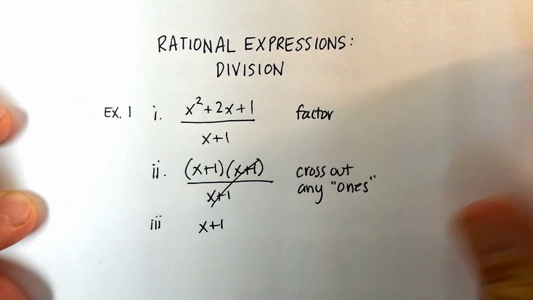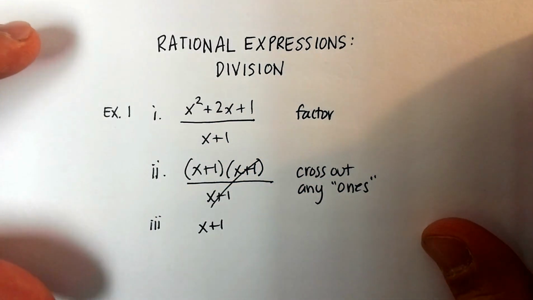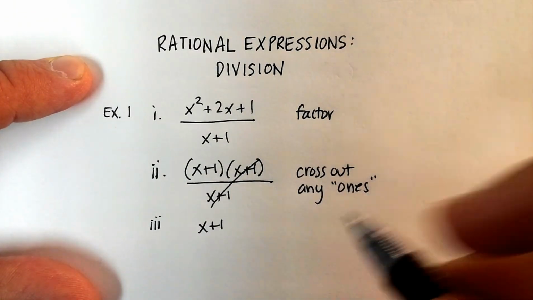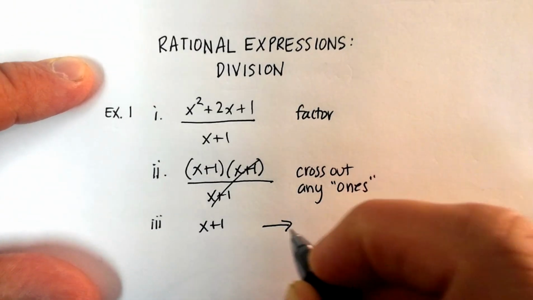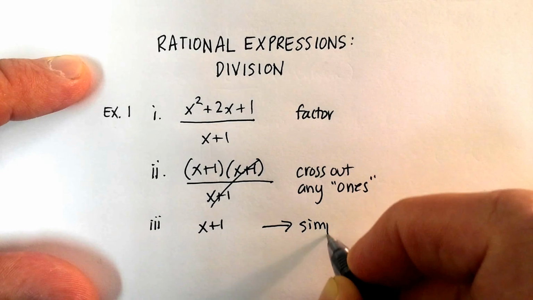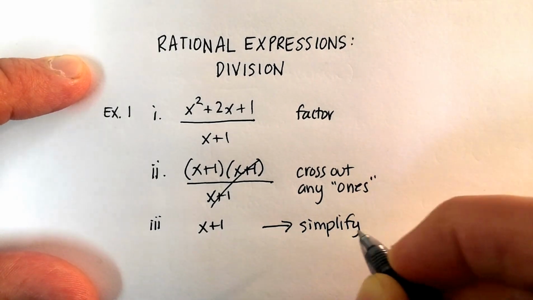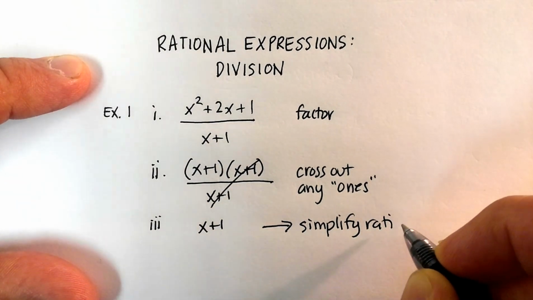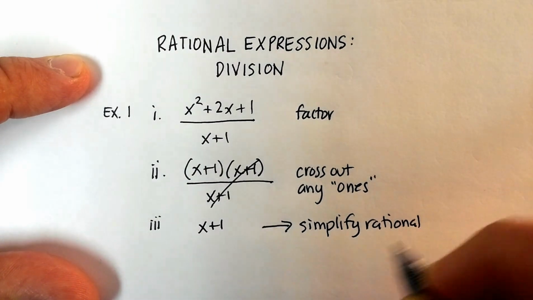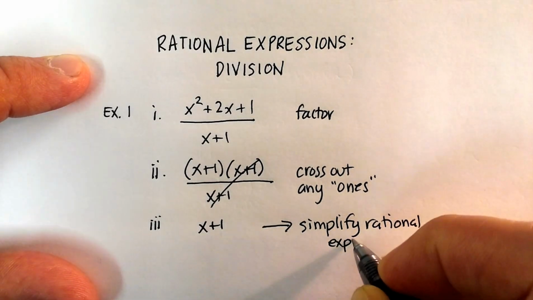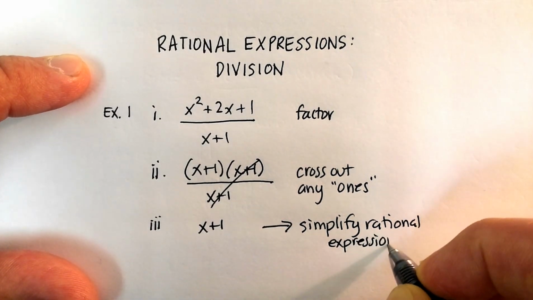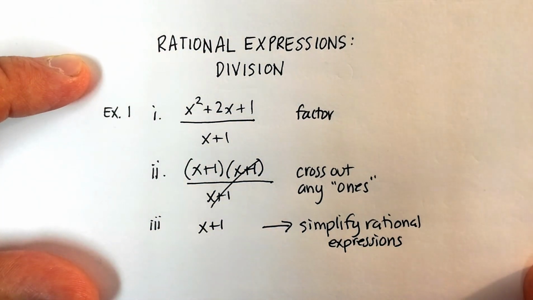Okay, so that's a very simple example of dividing rational expressions. There's another video that I did where I just called it simplifying rational expressions. Okay, so you might find other videos listed under that particular title.